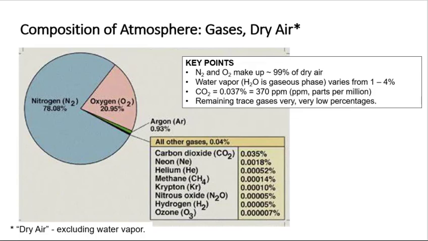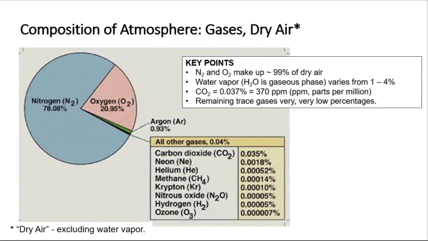So some key points. First, nitrogen and oxygen make up most of the atmosphere, in combination around 99% of dry air. Water vapor, if included in the mix, would comprise anywhere from 1 to 4%, depending on whether we are sampling in a humid or not so humid location.